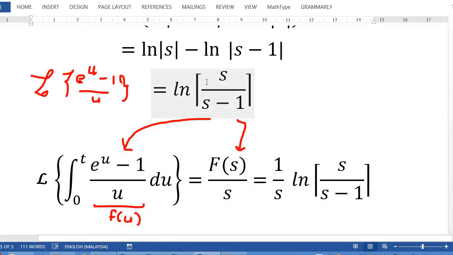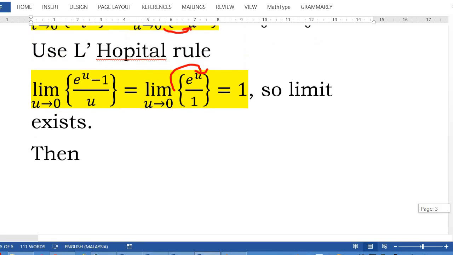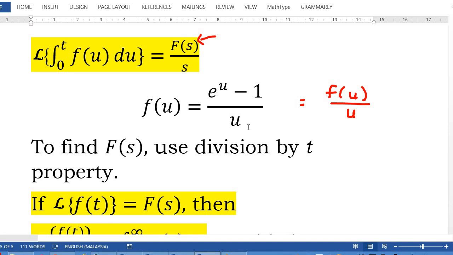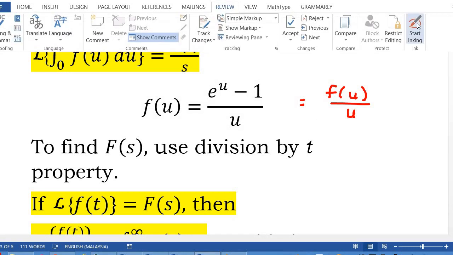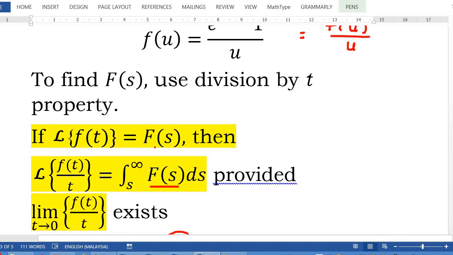Hence you need to integrate to solve your Laplace transform for the form of f(u) over u, which is equal to the integral of F(s) ds from s to infinity.